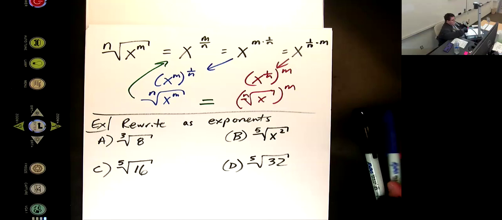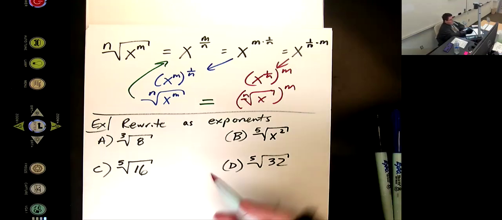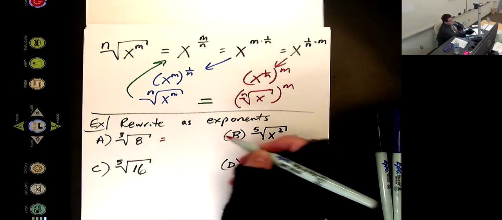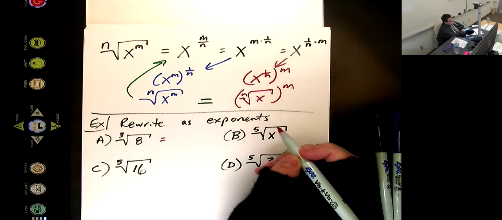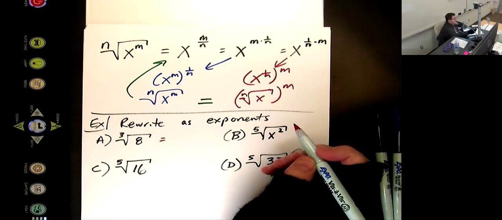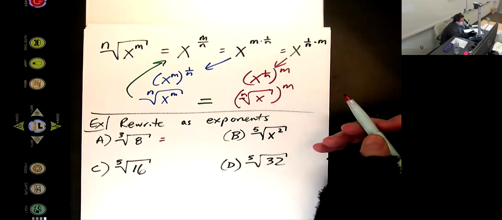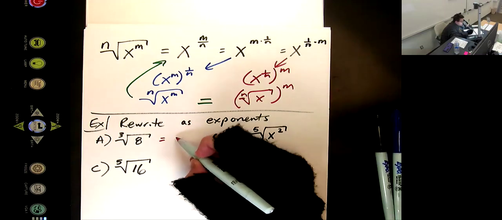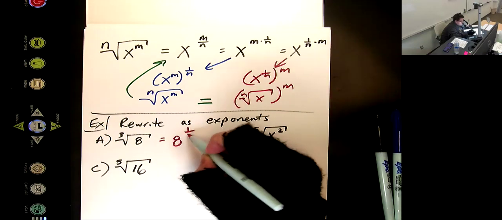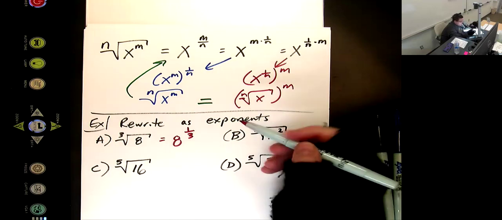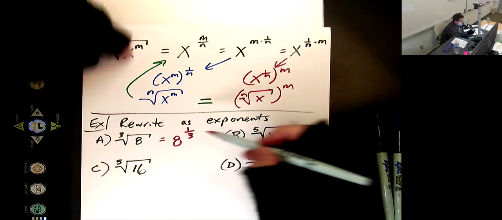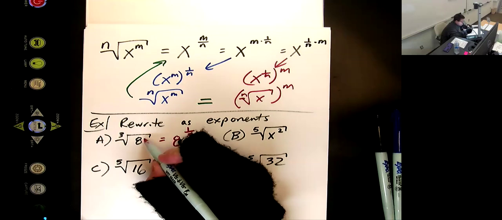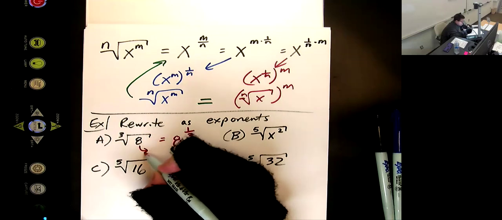All right, so how would we rewrite the cube root of 8 with exponents? Anybody got an idea? Is it 8 to the power of 1/3? It is. We said use the exponent on the inside to put on top, but when we don't have an exponent, that's the same thing as 8 to the first power.